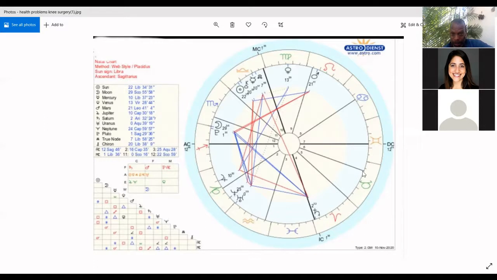And the cusp of the sixth house is Taurus, ruled by Venus. There she is in Virgo. Now, this is a separating aspect, mind you, right? Venus is at 13. She's faster than Jupiter. So she's at 13, Jupiter is at 10.